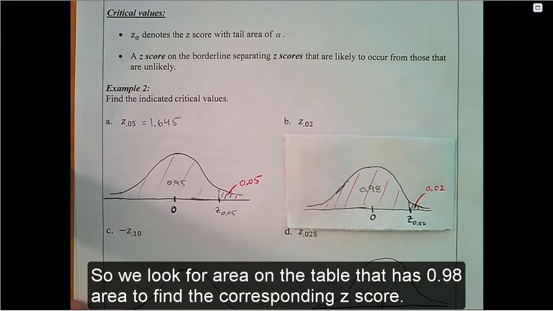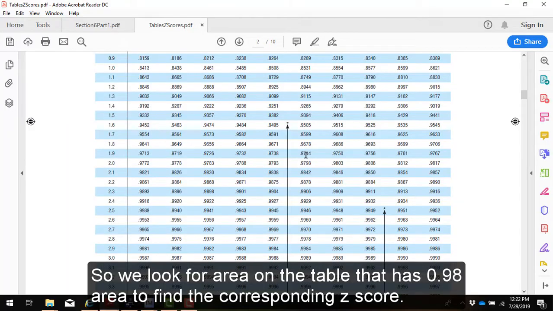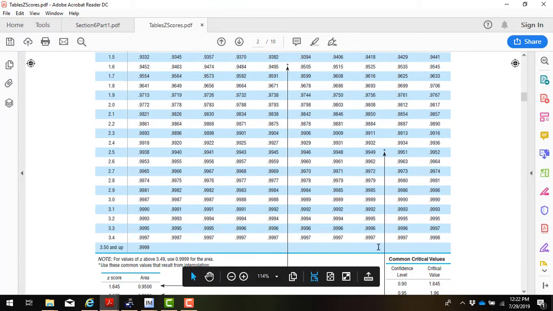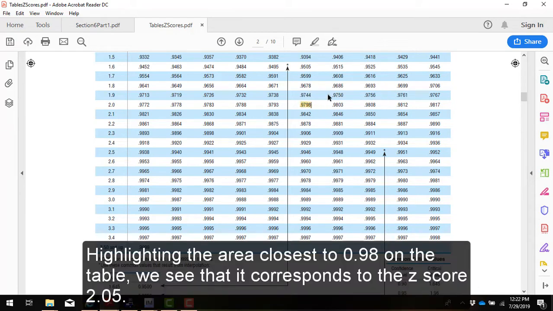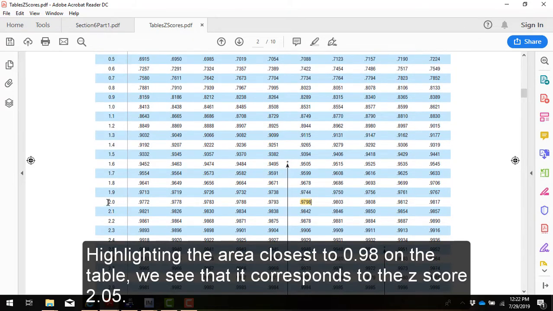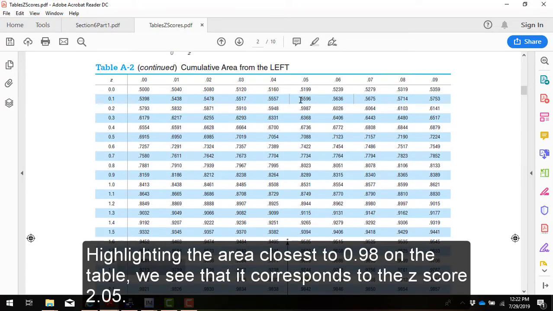So we look for the area on the table that has 0.98 to find the corresponding z-score. Highlighting the area closest to 0.98 on the table, we see that it corresponds to the z-score 2.05.